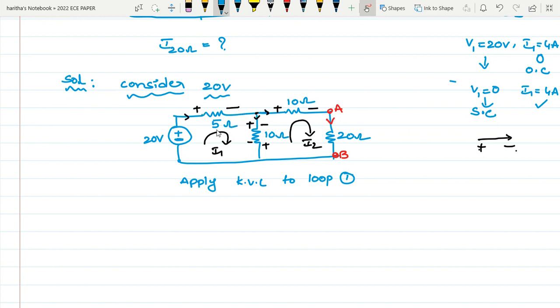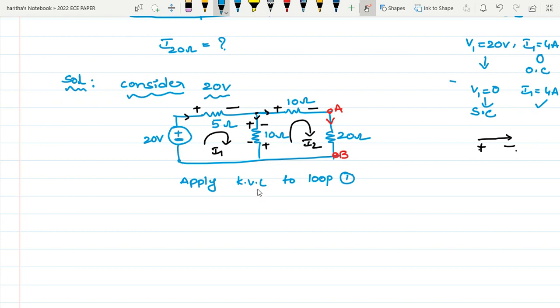But whatever you are taking, throughout the path you have to maintain the same thing. Suppose you are taking the entering sign, then for the entire loop equation you have to take the entering signs only. Suppose you are taking the leaving sign, then for the entire loop you have to take the leaving sign. So I'm taking the first sign I see.